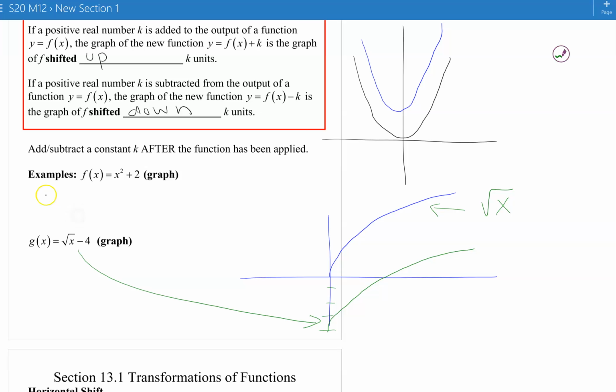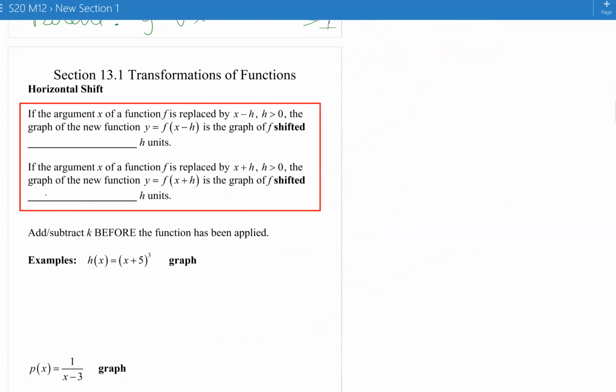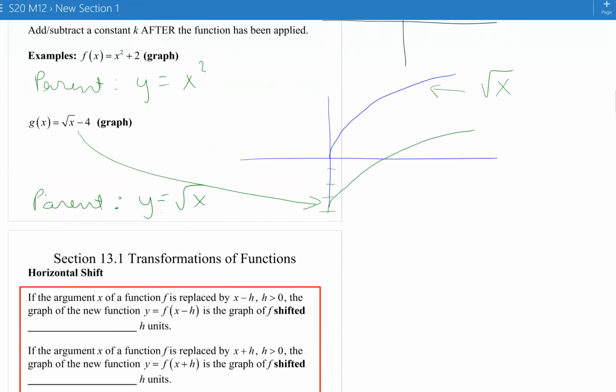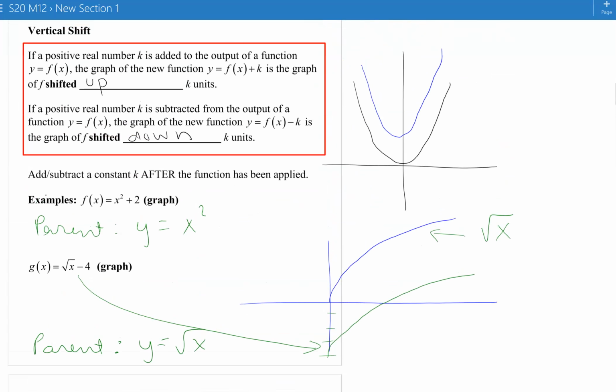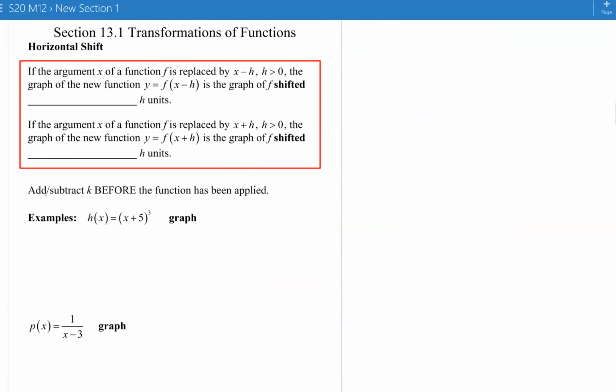In this example, the parent graph is x squared. And here the parent graph is, again, square root of x. So I think it's really helpful to identify the parent graph. Okay, so vertical shifts are pretty intuitive. They make sense to most people. Horizontal shifts a little less so.